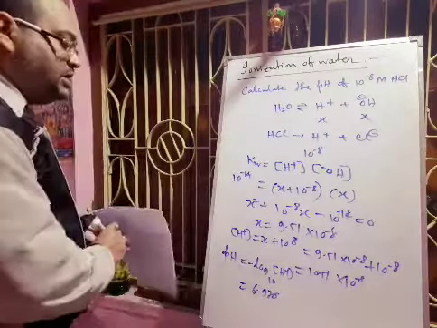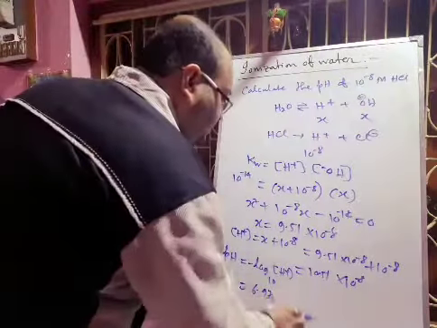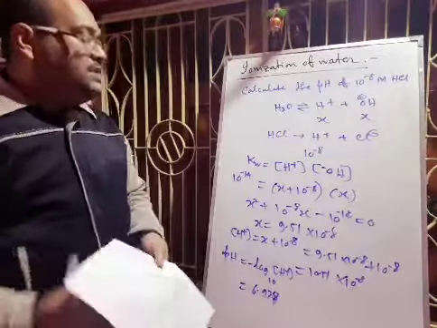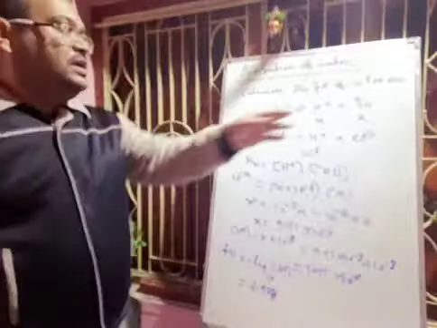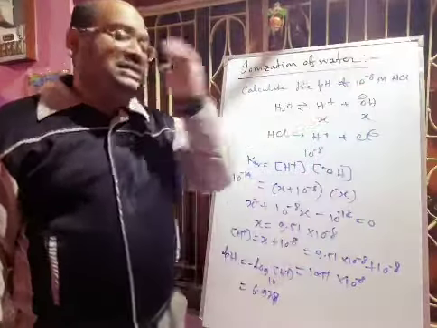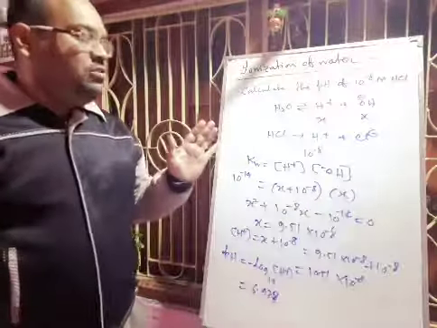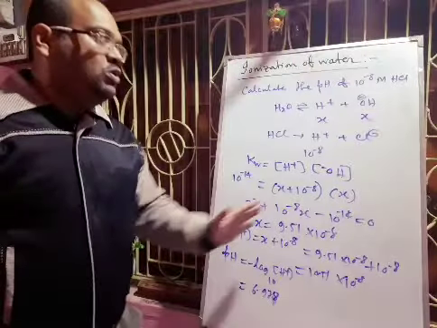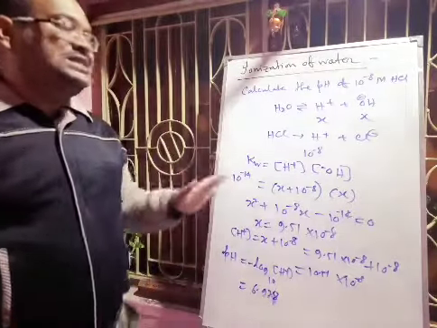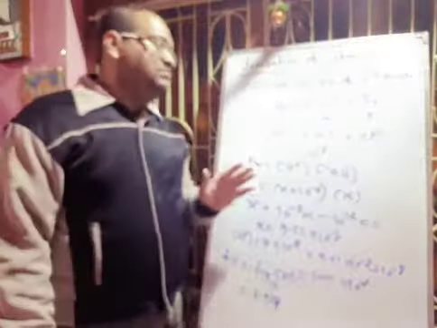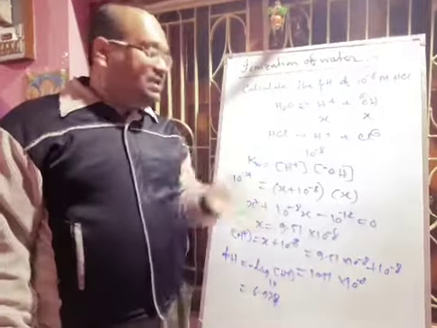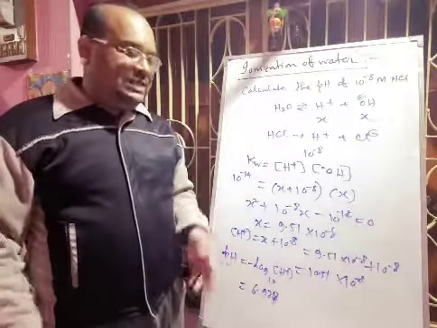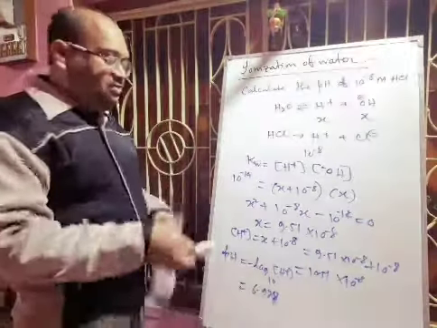So in this way you have to calculate. This is a very important example. Even if you take 10 to the power minus 9 molar HCl, it will never cross pH value 7, it will be very close to 7. That means a dilute solution of acid will remain acidic. It will become nearly neutral, but it will never become basic in nature. So that thing you have to apply.